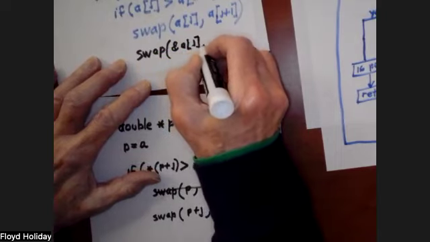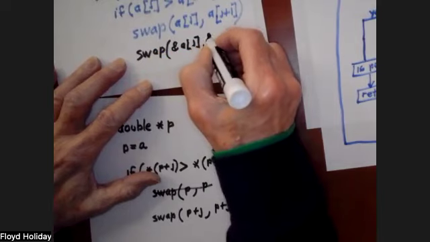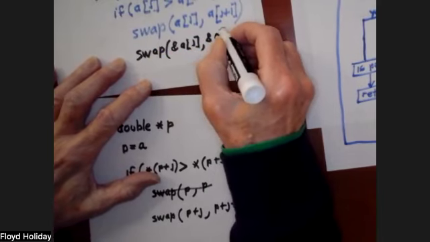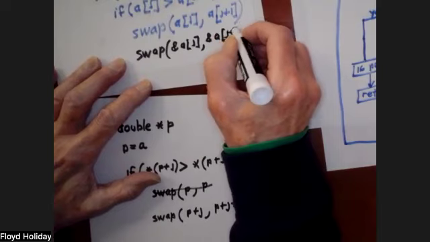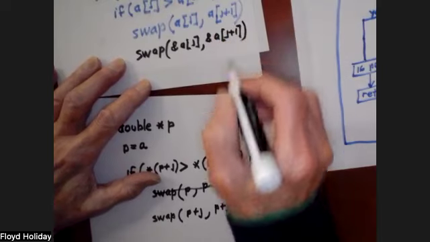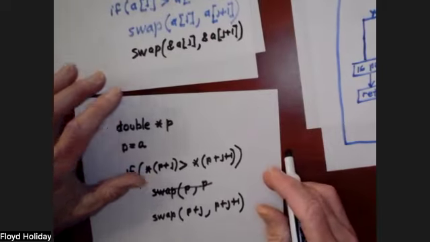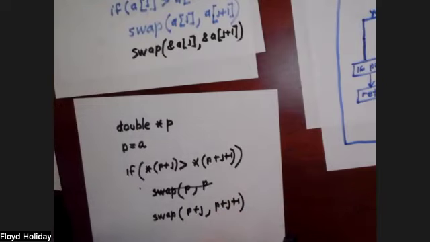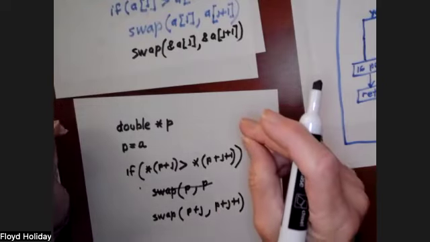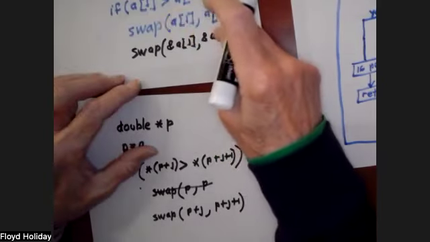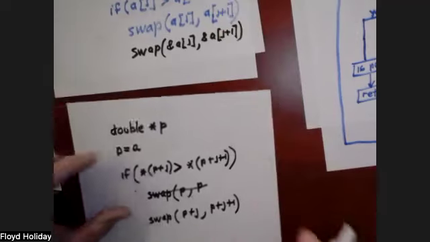So you send the address of this guy, and the address of this guy is sent to swap.